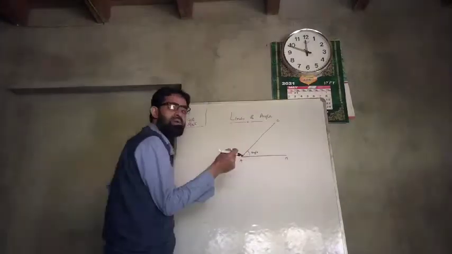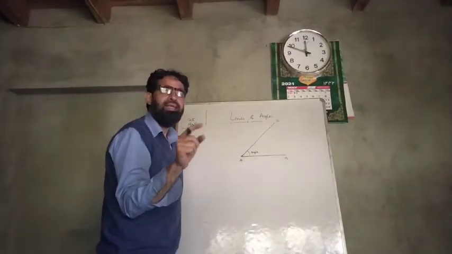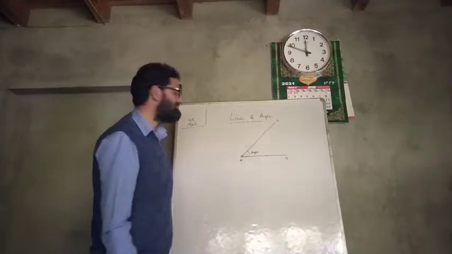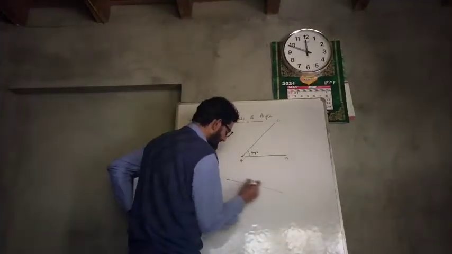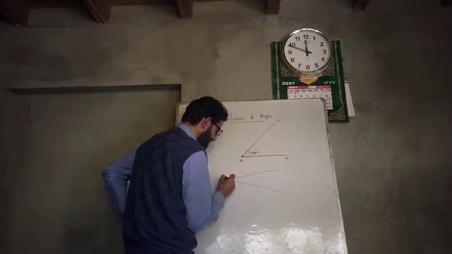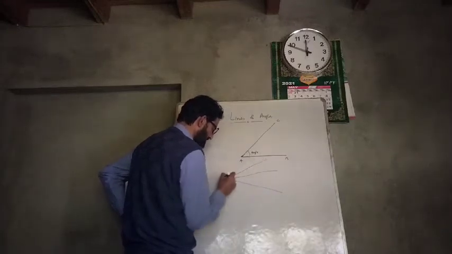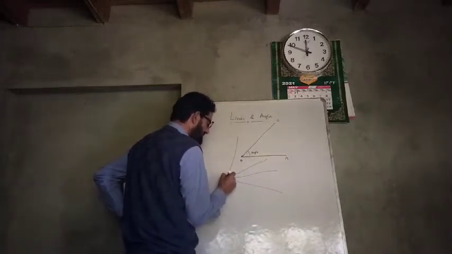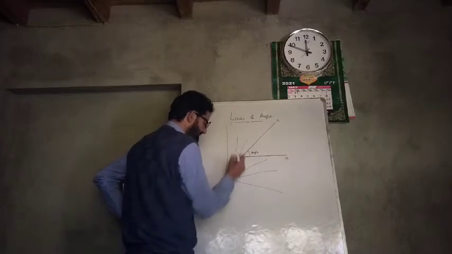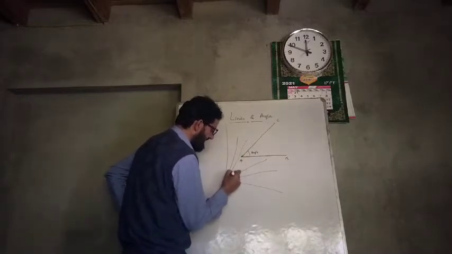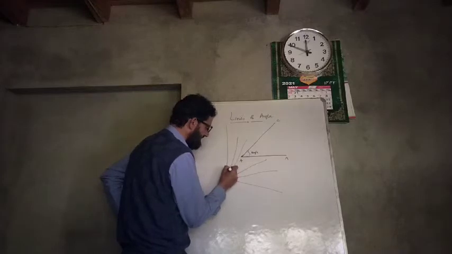When two line segments have a common endpoint, an angle is formed. There can be so many line segments originating from a single point, and so many angles are formed. This is an angle, this is an angle, this is an angle.